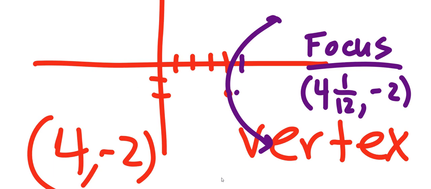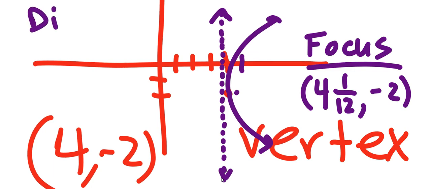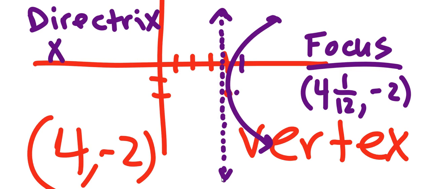All right, now. I'm doing a really bad job of drawing my directrix because how far is my directrix away from the vertex? 1/12 of a unit. What is the equation of that directrix? X equals 3 and 11/12. Thank you very much for subtracting.